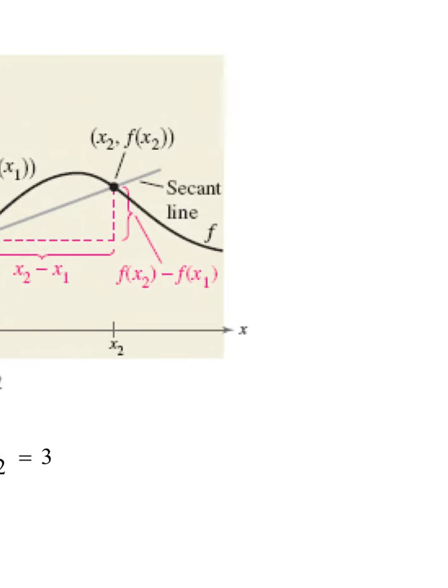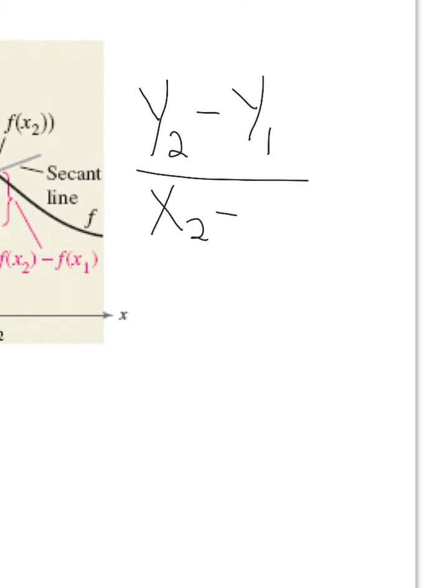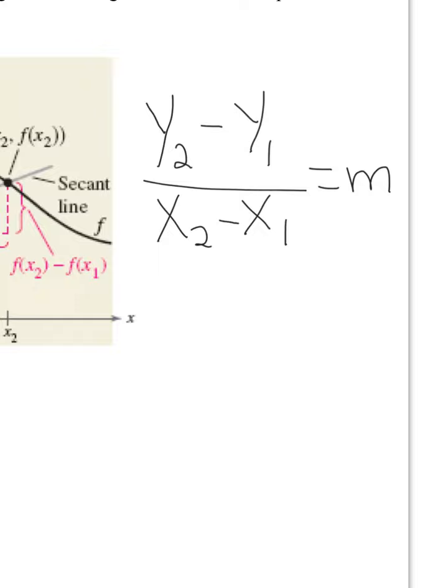If you remember the slope formula, which should be in your notes somewhere, it is y2 minus y1 over x2 minus x1, and that equals slope. Sometimes we use the letter m to represent slope. You should already be very familiar with this formula and how to find slope.